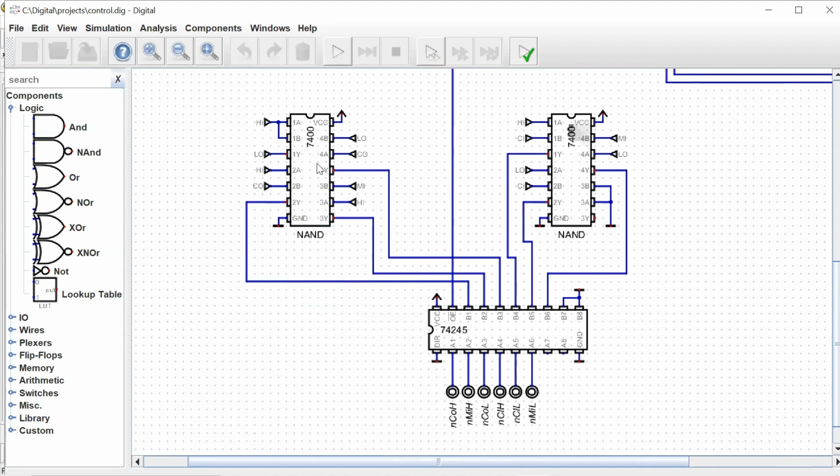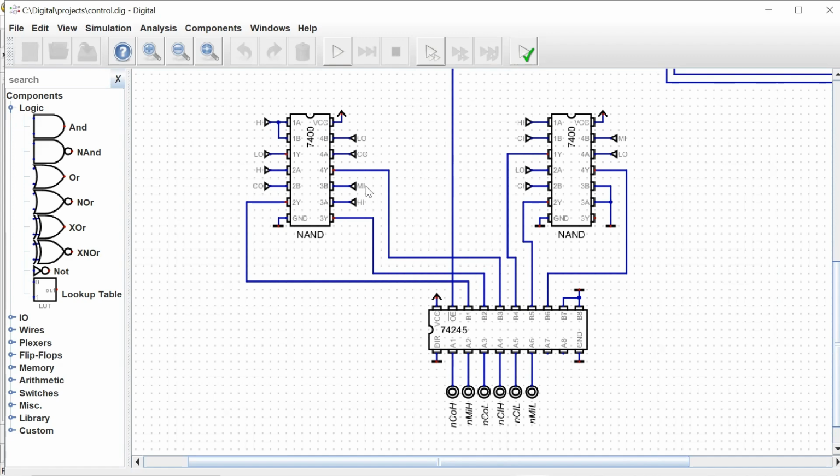So we do a little bit of extra processing here, where we take that high signal and invert it, and that gives us our low signal. Then we process it: if it's counter out and high, then we have counter out high. If it's counter out and our low signal, then we have counter out low.